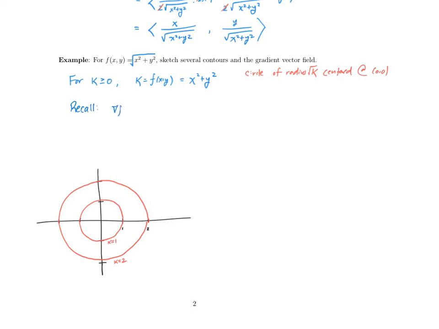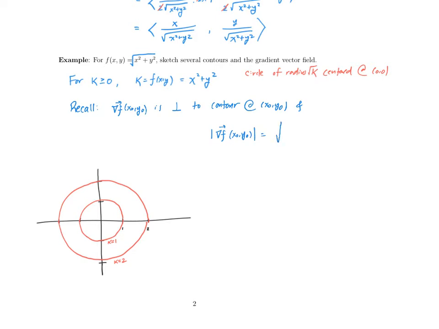And before attempting to sketch some gradient vectors, let's pause for a reminder that we've previously encountered. What we've seen is that the gradient of f at some point, x naught, y naught, is perpendicular to the contour at x naught, y naught. And furthermore, just for fun, if we wanted to know what is the length of a gradient vector, just to get an idea of how long this vector I draw should be.